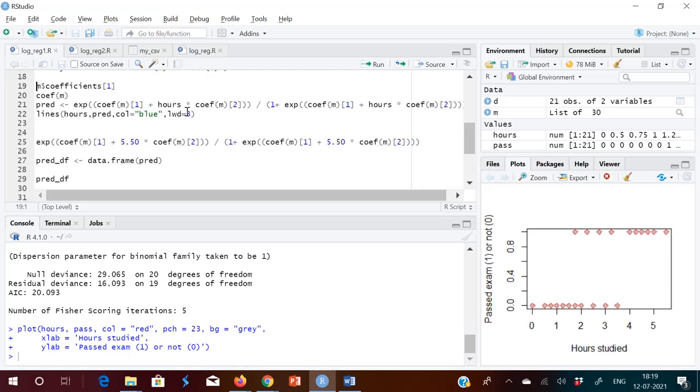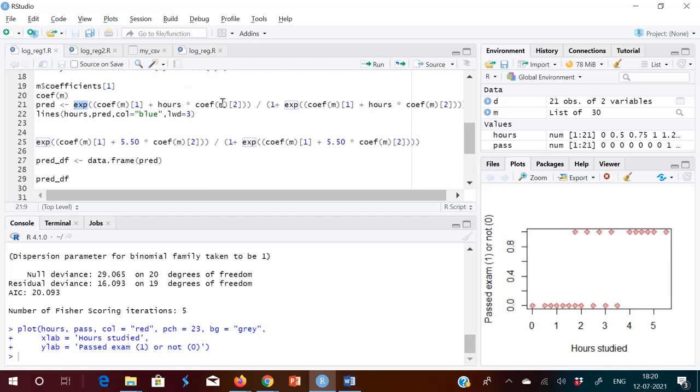What was the equation I told you? e raised to y by 1 plus e raised to y, where y is beta 0 plus beta into hours.